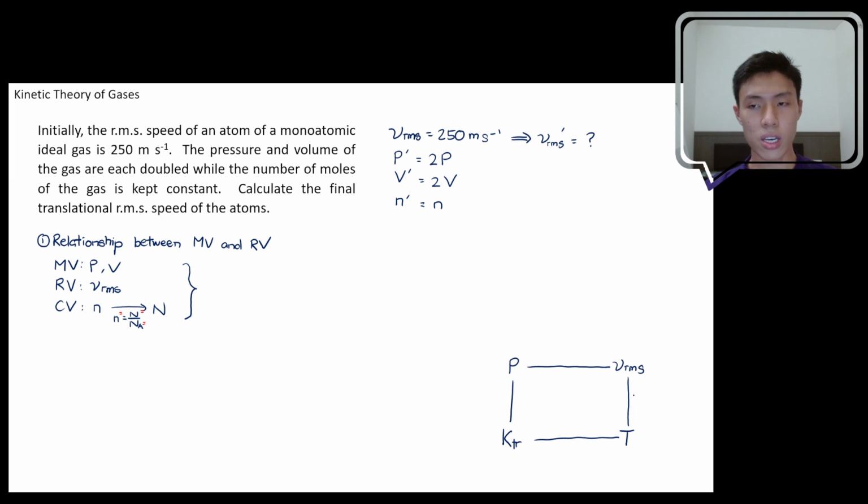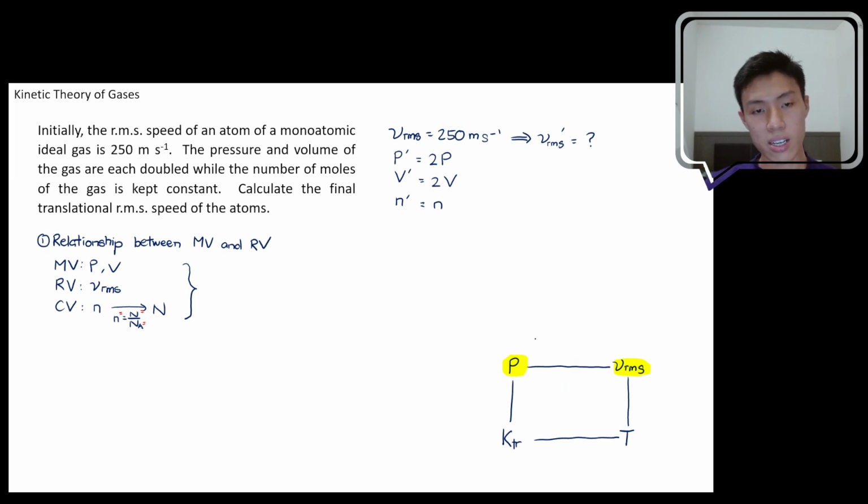Over here, as you can see, we are manipulating the pressure and volume. So that's the top left corner of the rectangle. Next, you have your volume. Well, volume does not exist in this rectangle. Let's continue. You have your VRMS. VRMS is on the top right corner of this rectangle. So I believe you can see that we are going to focus on this side of the rectangle here.